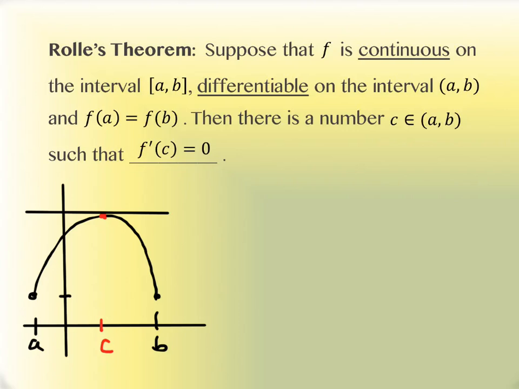If it were not differentiable, so let's say instead we had a curve that looked like that, this is continuous, right? But the point at the top is a sharp turn, and it's not differentiable there. I have no derivative there, so I definitely can't say the slope would have to be 0. In fact, it's not defined at all, because there's no derivative there.